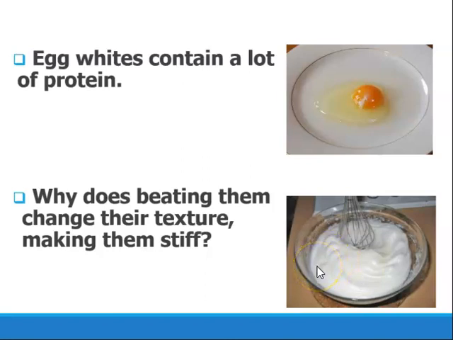So basically, we are mechanically beating and changing the structure of the protein to form nice white peaks. We can either make a meringue or make a nice mousse by introducing air into the proteins to use for different methods of baking and such.